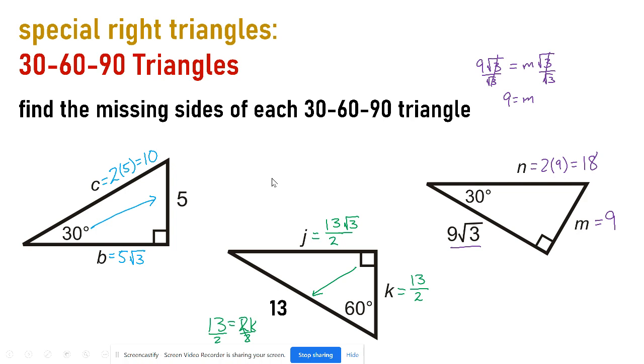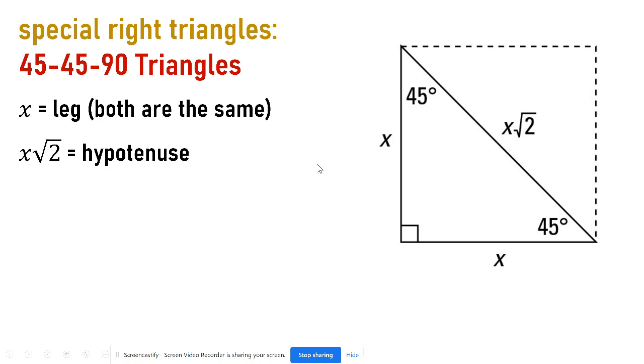All right, the other type of special triangle that I think we got to in one of the classes, but not in most of them, was the 45, 45, 90 triangle. So a couple things to notice about 45, 45, 90 triangles. First thing is, in addition to being a right triangle, because we do have a 90-degree angle here, they're also isosceles. You have 2 sides that are exactly the same.